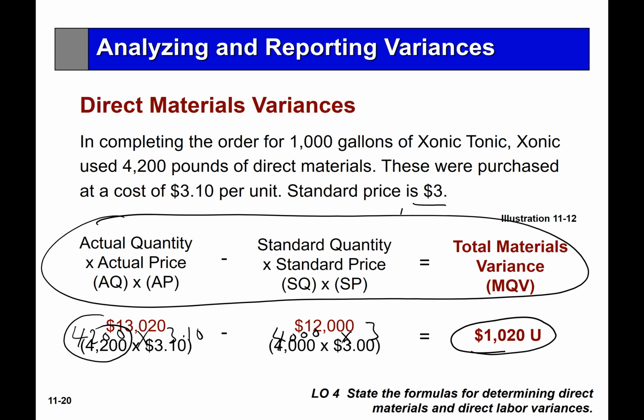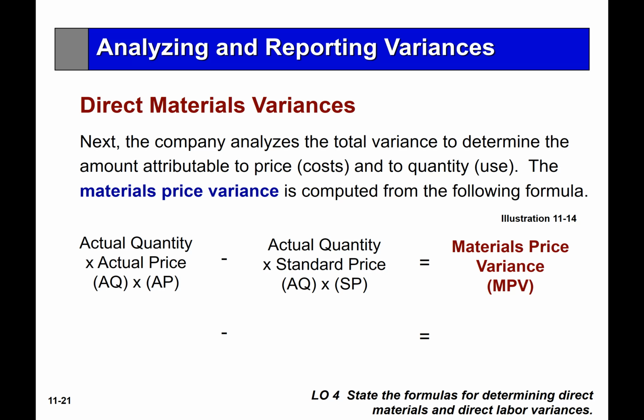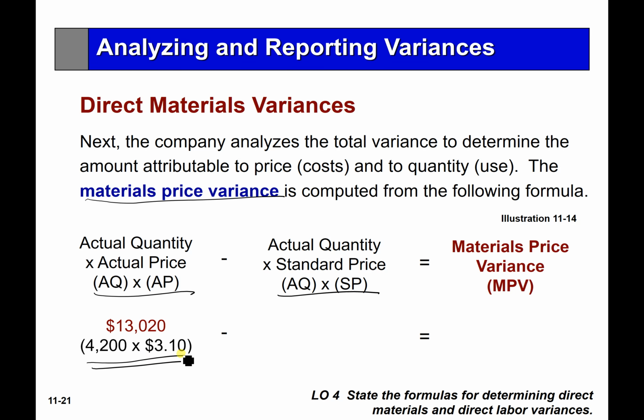That can be determined if we dig in further using this formula, which is called the materials price variance. That formula is actual quantity into actual price minus actual quantity into standard price. You need to memorize this formula. If you put down these values, your actual quantity into actual price you just calculated earlier. Actual quantity is 4,200, multiplied by the standard price of $3. If you do that, it's going to be 12,600.